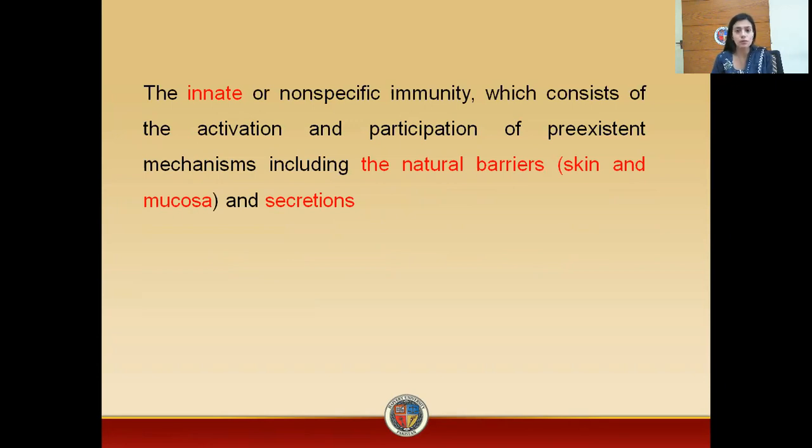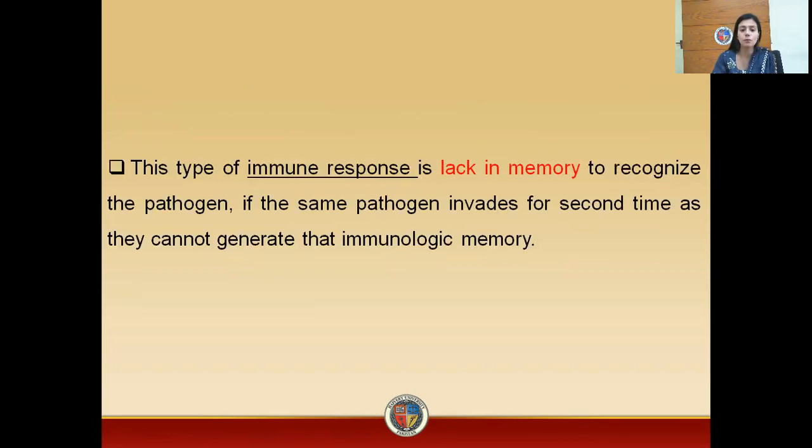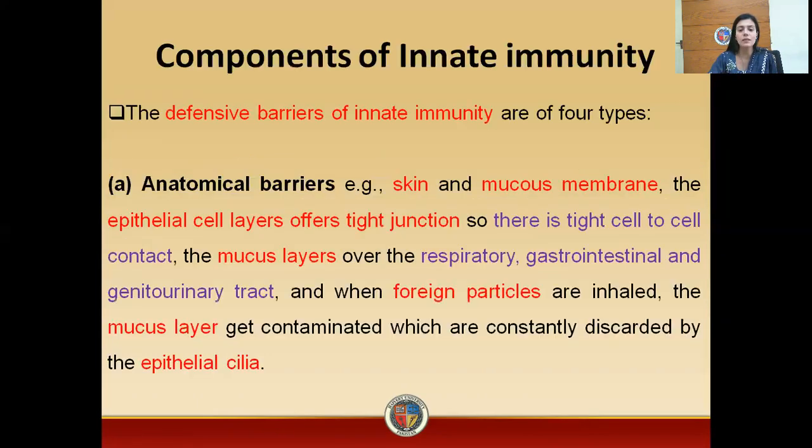The secretions that your body produces will also provide a defense mechanism. You must remember that in this type of immunity, there is lack of memory. There will be no memory cells to memorize that we were previously exposed to that particular antigen and now we have to produce that particular antibody. No, there is no formation of any memory.